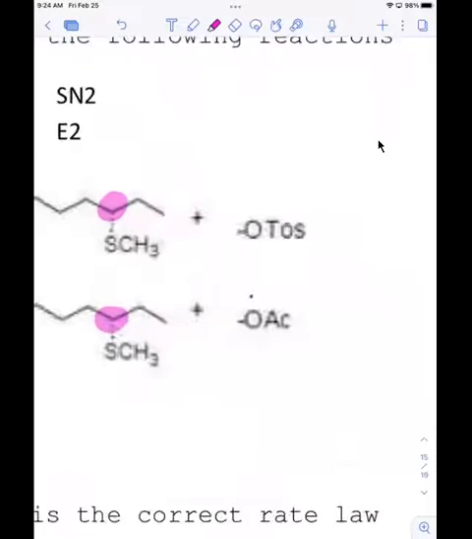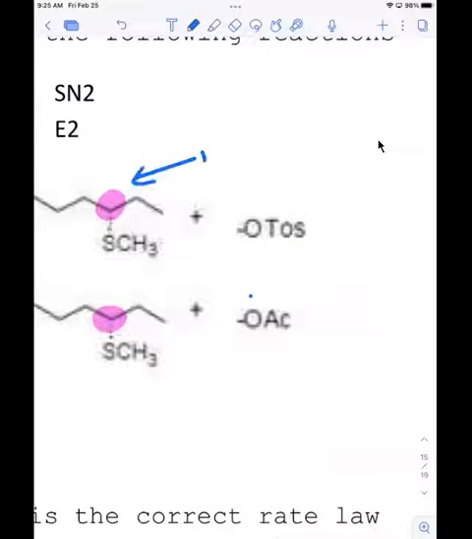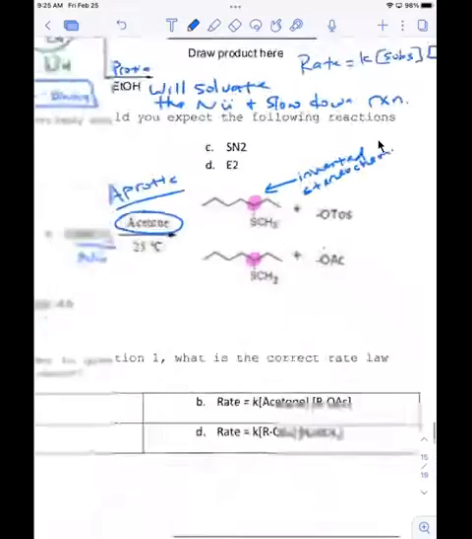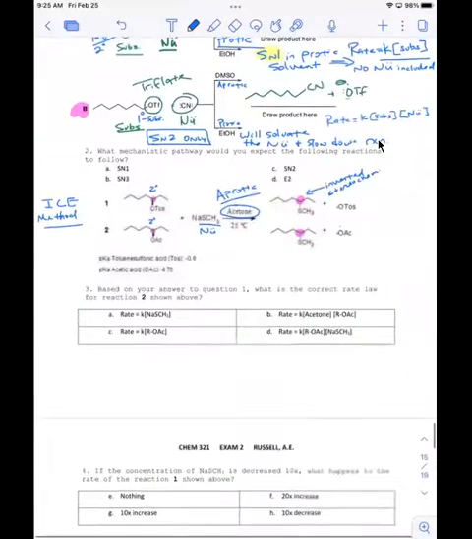It's inverted. So that's a clue, right? Which of the two substitution mechanisms proceed with inversion of stereochemistry? SN2. So we know all of these things point to the fact that this is an SN2 mechanism. When you add up all the different factors, you see that it's an SN2 mechanism.